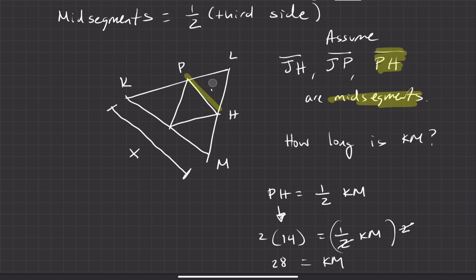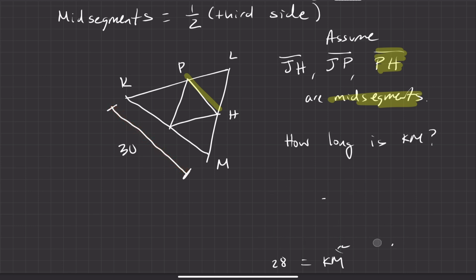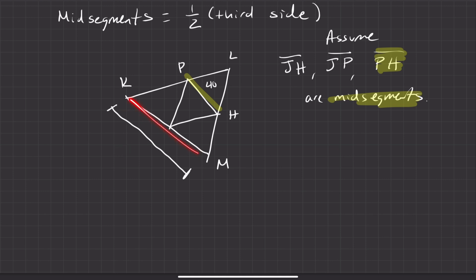But if I were to say, okay, let's call this 30. If this is 30, then how long is PH? Well, that's going to be 15, okay? Let's do some more so we can see it. If I call this 20, how long is KM? That's going to be 40. If I call this 40, how long is KM?